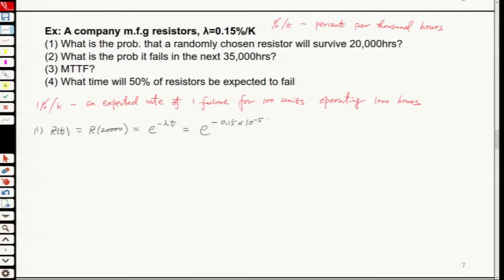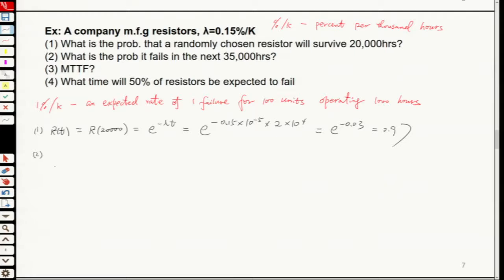And t is 20,000, so it's 2 times 10 power 4. This equals exponential minus 0.3. So you will be able to get the probability: 97%.